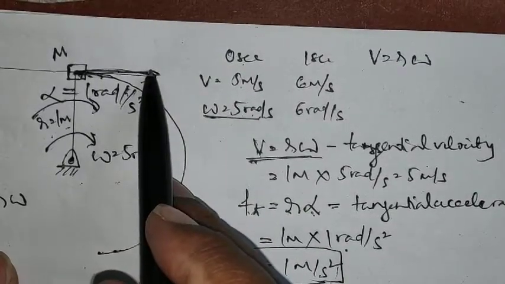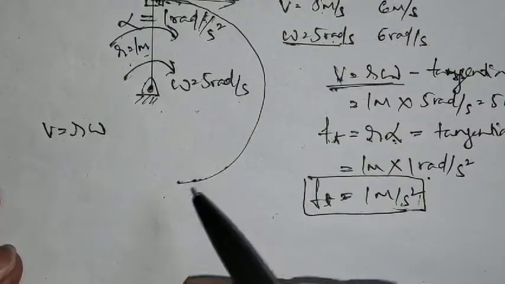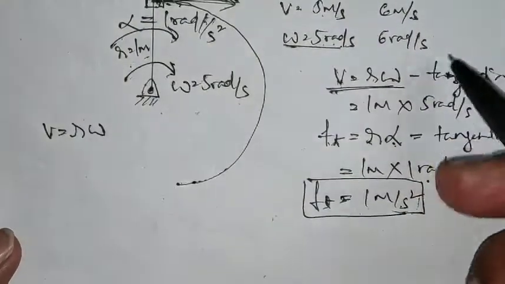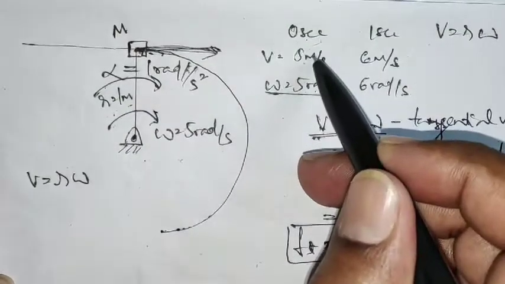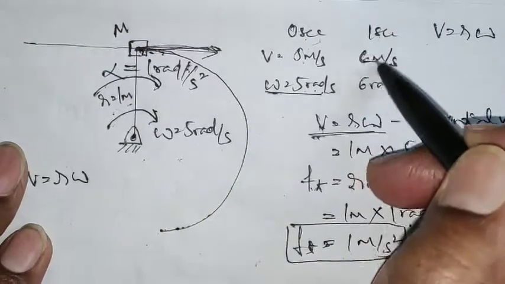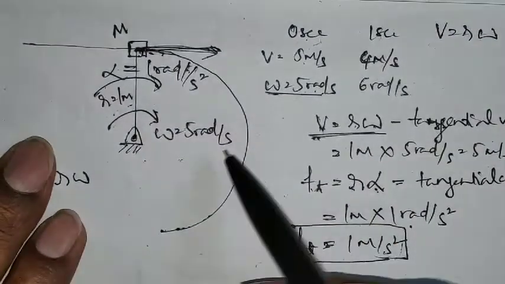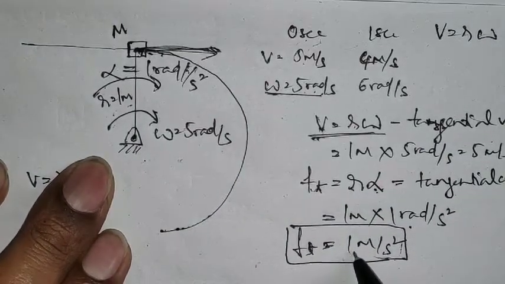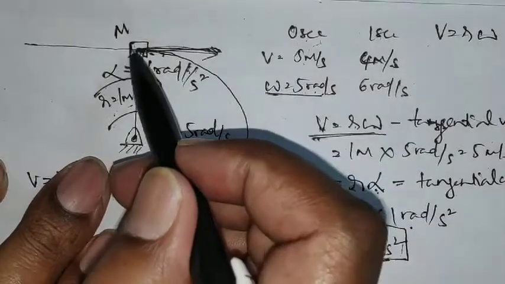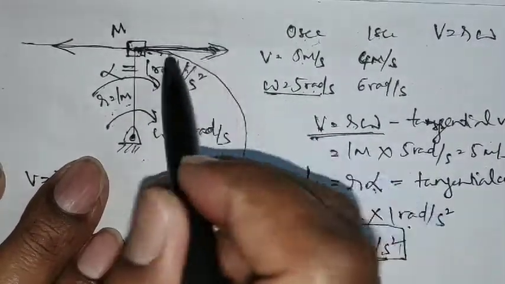Suppose the same thing goes the other way, like this: at 0 second it is 5 meter per second, and after 1 second it becomes 4 meter per second, then there is a decrease. So the same vector of 1 meter per second square has to be drawn in the opposite direction, but the velocity vector will be in this direction.